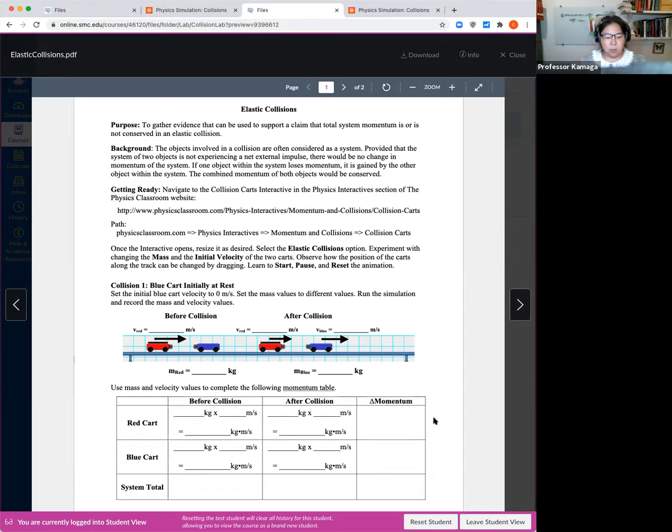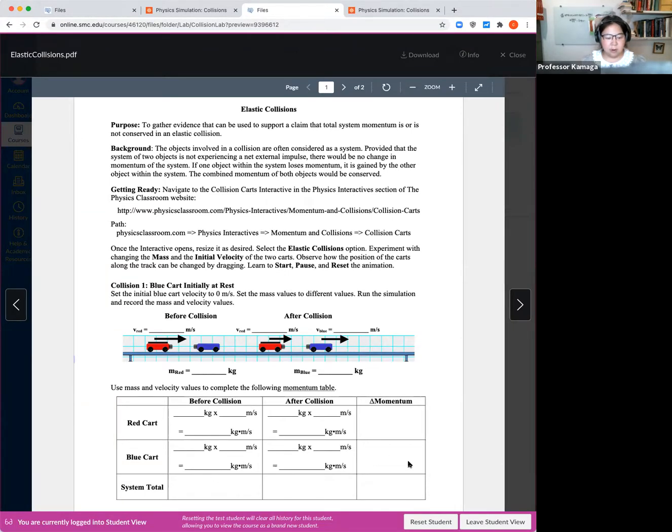And over here, I want you to just focus on the red card. If you focus only on the red card, the change in momentum is going to be the final momentum of the red card minus the initial momentum of the red card. So you write that down here too. It's going to be the final momentum of the blue card minus the initial momentum of the blue card before collision.